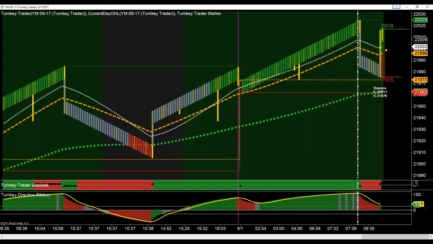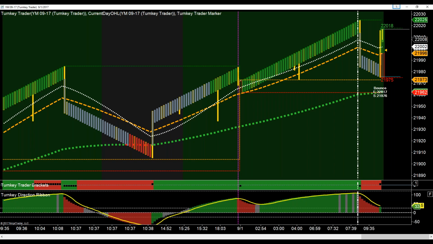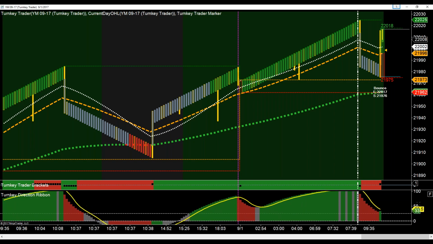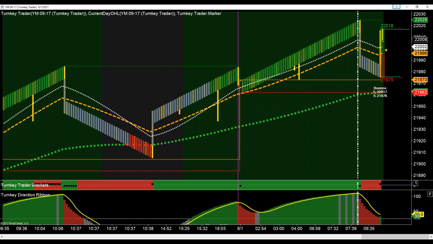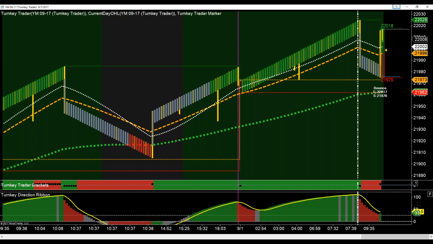So for instance, what I want to focus on first is extremes. Let me open my direction line up, and by extremes we're really focused on our direction ribbon down in this area.